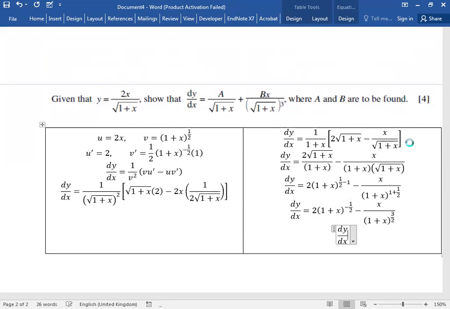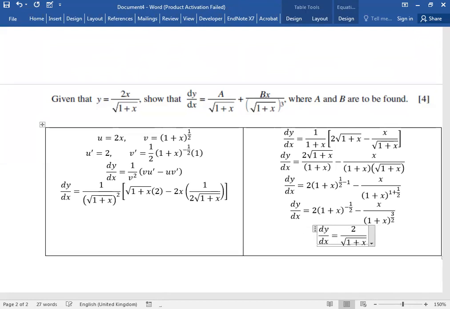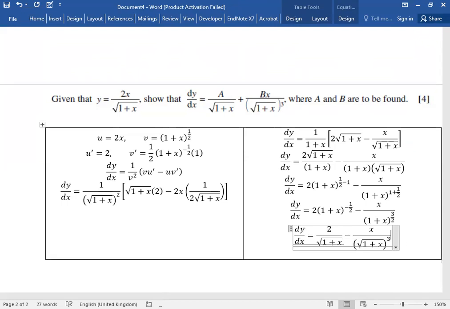So dy by dx can be written as 2 over square root of 1 plus x minus x upon (1 plus x) to the power 3 upon 2. Is this clear?